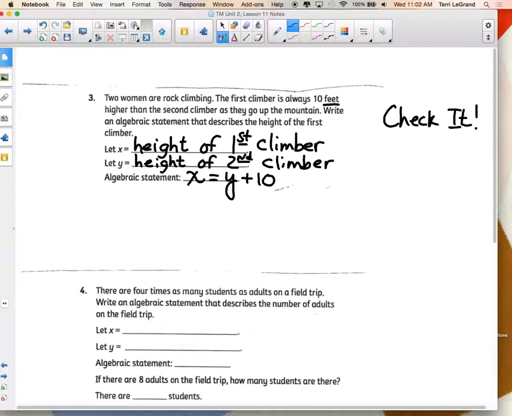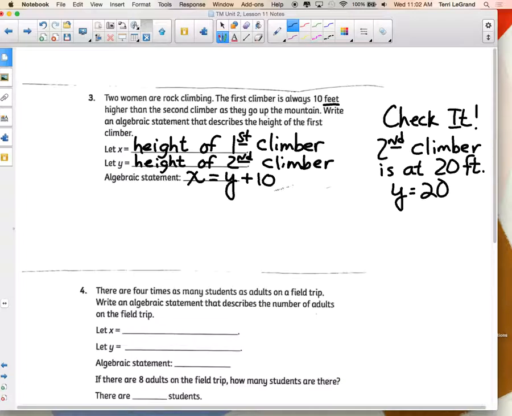Okay, so the second climber is at 20 feet. We can abbreviate feet FT. Second climber is 20 feet up the mountain. So that means what equals 20? Y equals 20. The second climber's height is our Y.